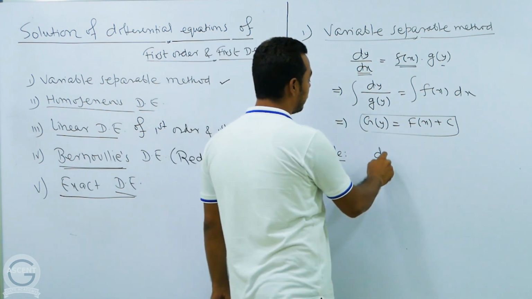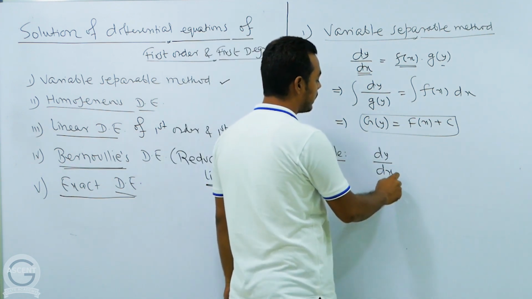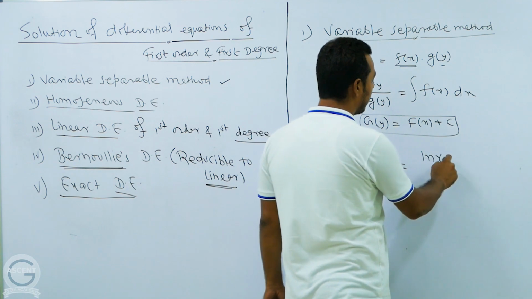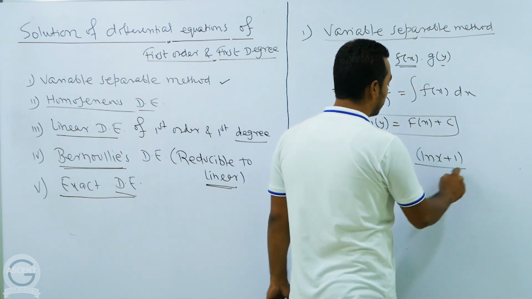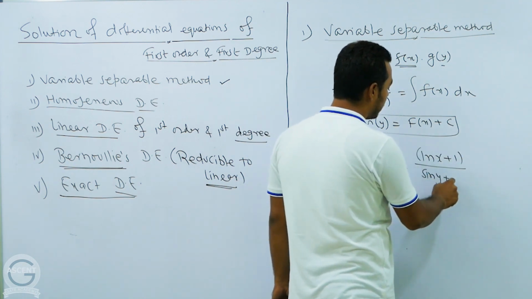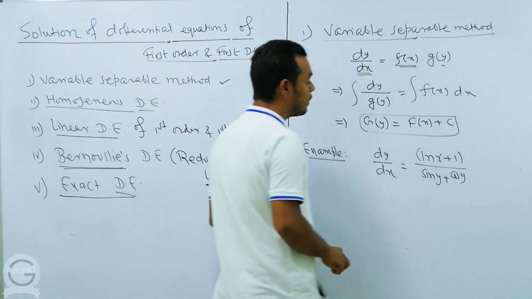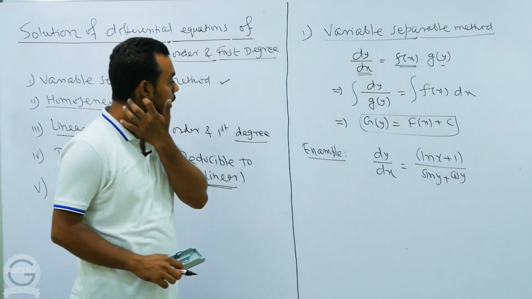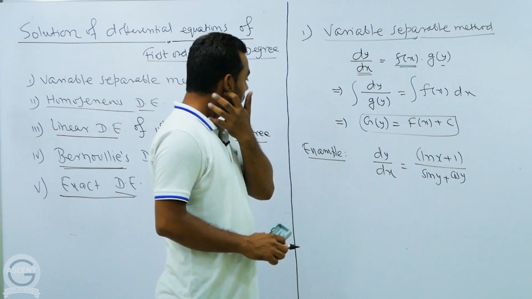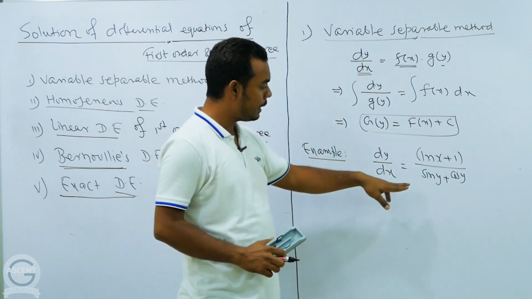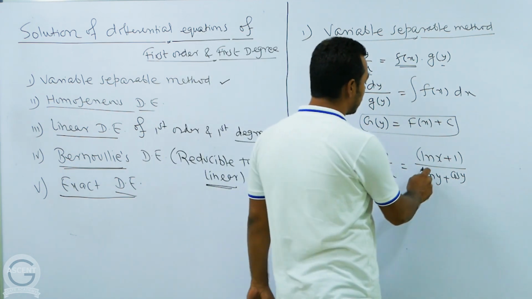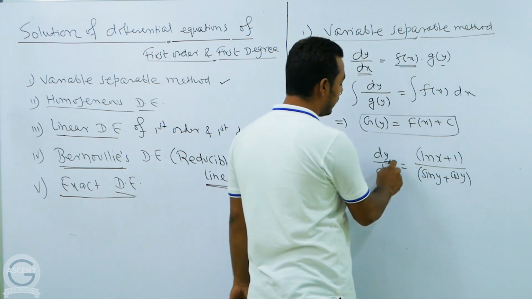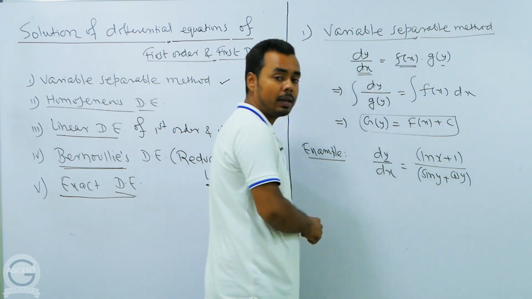Suppose you have this differential equation, dy by dx equals log x plus 1 by sin y plus cos y. If you want to solve it, you can easily see that you can write the function of y with dy and the function of x with dx.